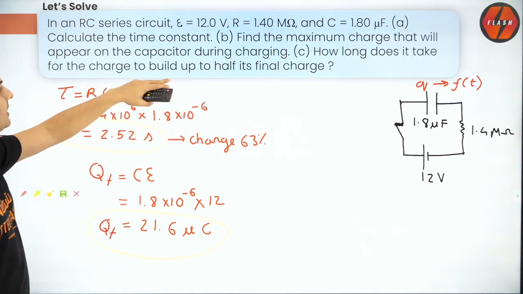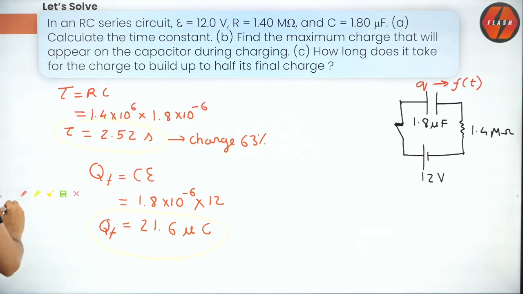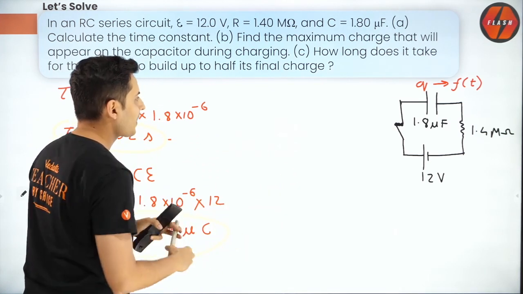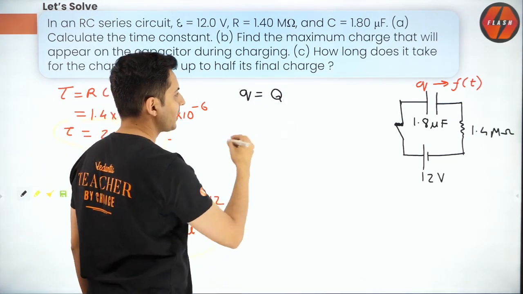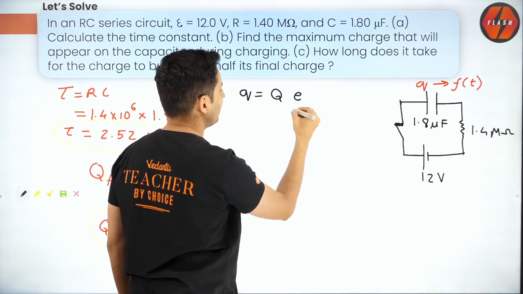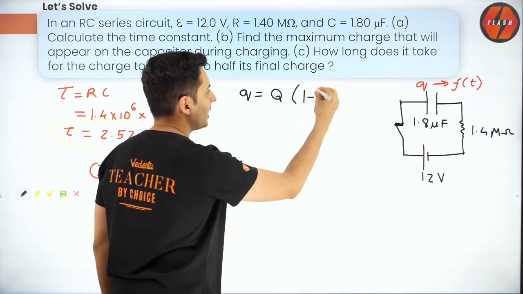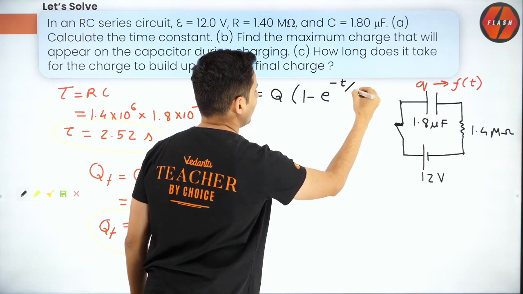Last question. How much time does it take to build up half the final charge? For this, I will use the mathematical function, guys. Remember, Q was the final charge into 1 minus e to the power minus t by RC, or tau.